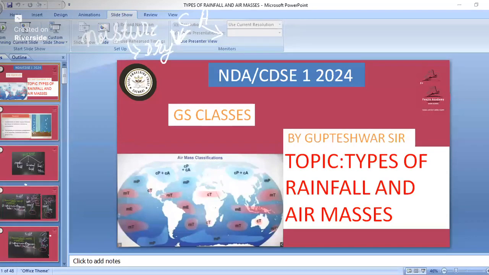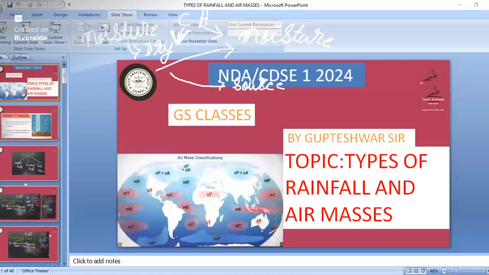Now see, the first letter describes the property of moisture content, and the second letter describes the source region of the air masses. When we saw the different types of air masses, by the name you can see the first part describing the moisture content, and the second part is the source region.